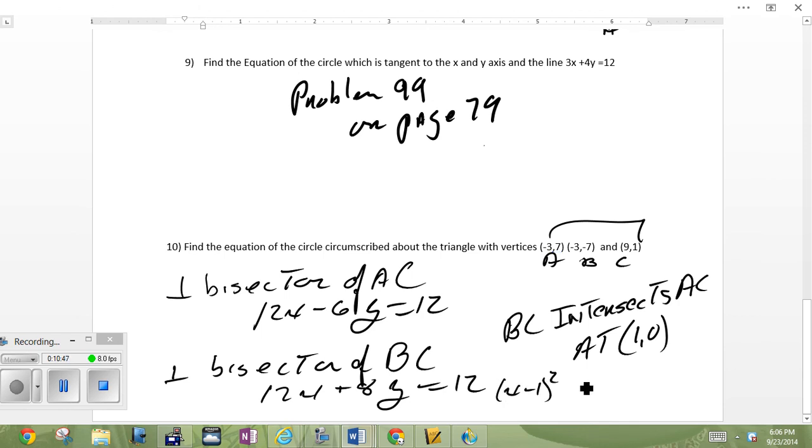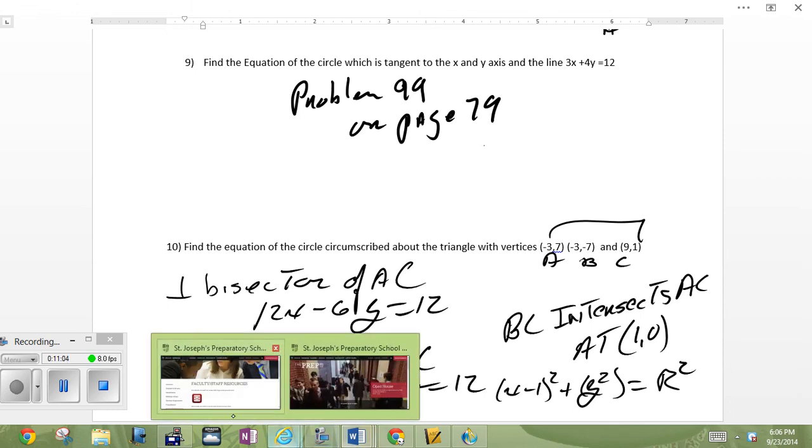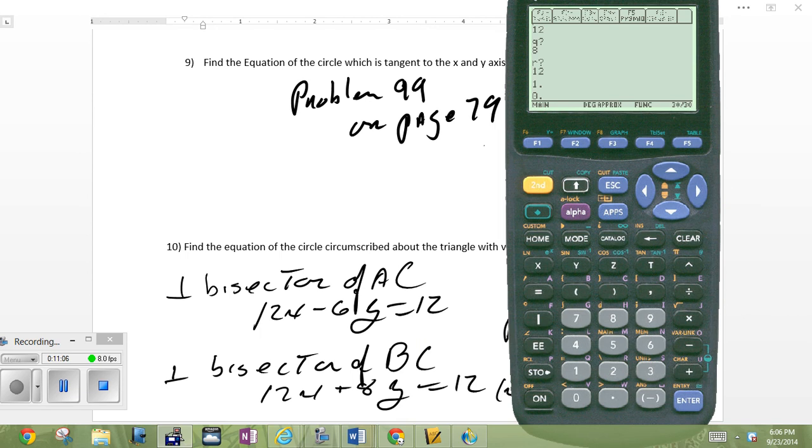1 quantity squared, plus y, well, simply plus y squared, is equal to r squared. Now I have to find r, so I'll apply my distance formula between 1, 0 and any one of those points, and that will be the radius. Let's pull that up.